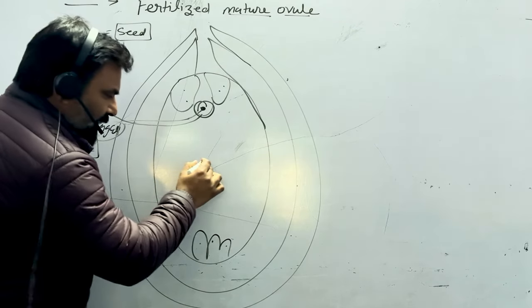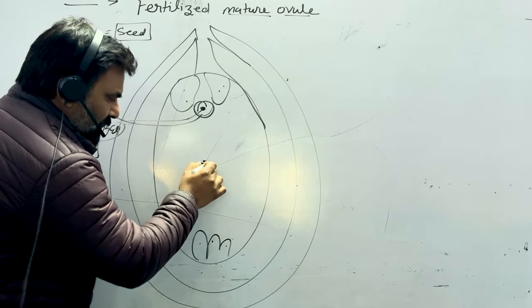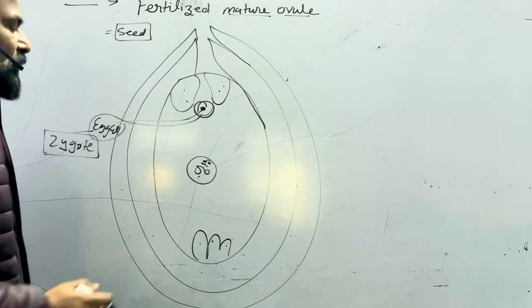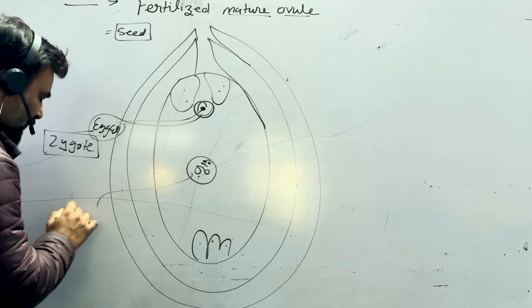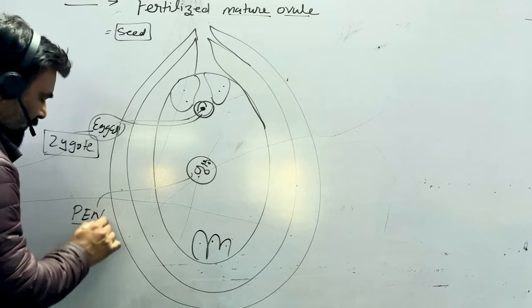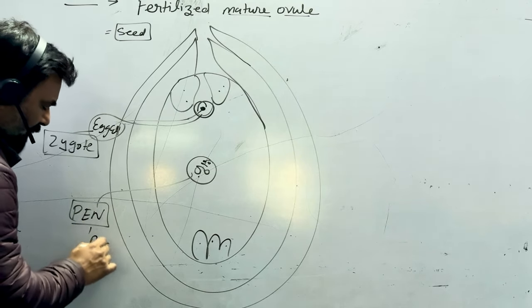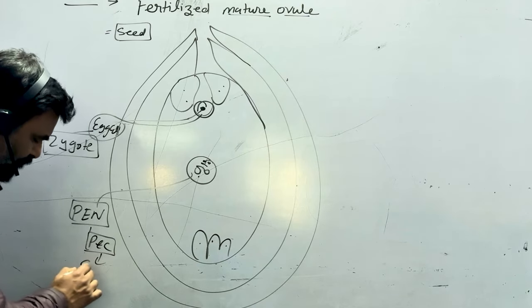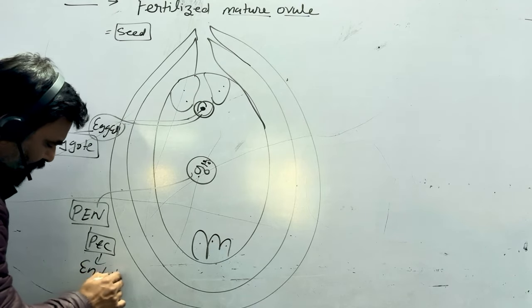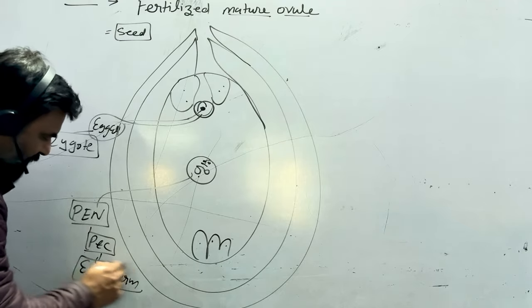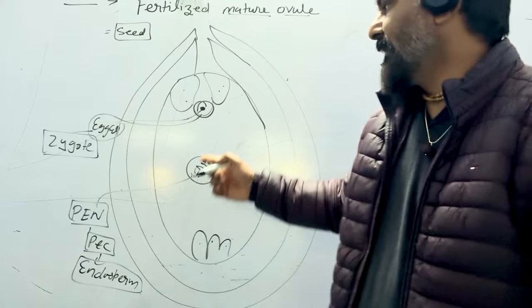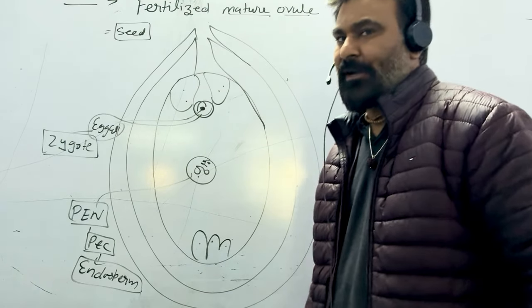And the secondary male nuclei come and fertilize the polar nuclei and convert it into the primary endosperm nucleus, and later it synthesizes the endosperm. So these are some events which occur during fertilization.